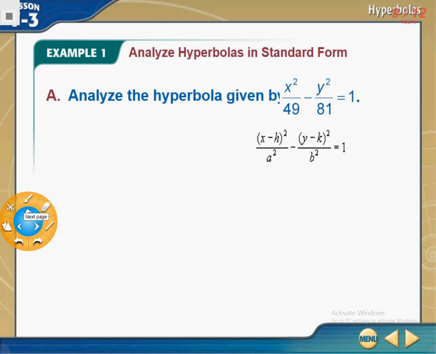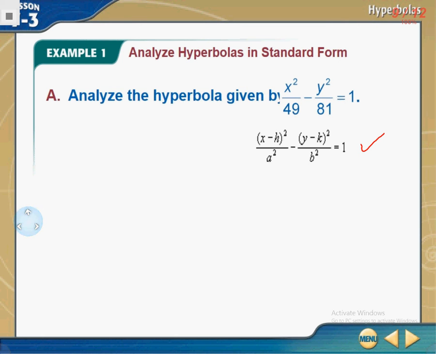So let's start with the first example. The second one, you'll solve alone. Analyze the hyperbola given by x squared over 49 minus y squared over 81 equals 1. I bring for you here the original one so you can compare between them. Let's start.